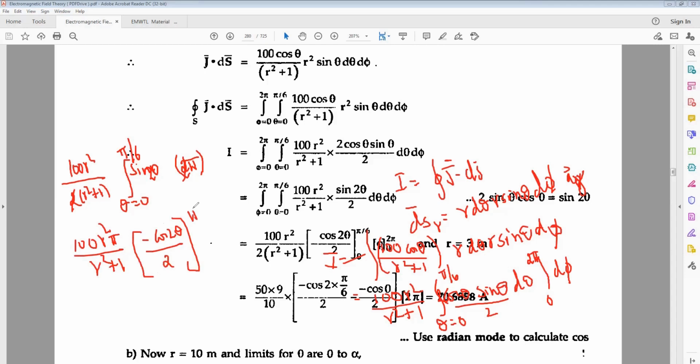The upper limit is pi by 6 and the lower limit is 0. So we get minus 50 pi r² whole divided by r² + 1, times cos pi by 3 minus cos 0, which is 1.